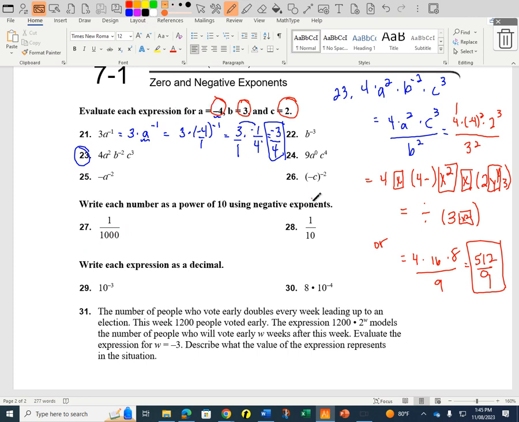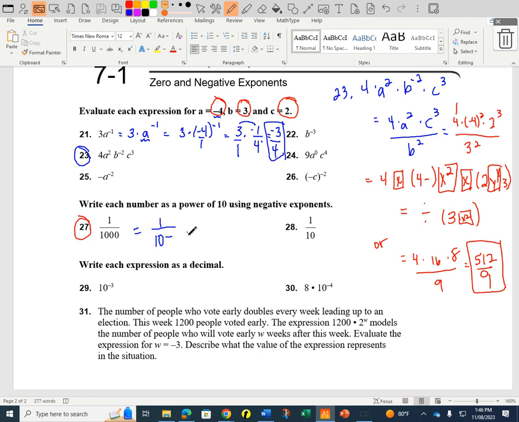Let's do number 27. Number 27 says that we need to write it as a power of 10. That means this number in the bottom is going to have an exponent. It's going to have a base of 10. So we're going to rewrite this as 1 over 10 to some power. Does anybody know how many times you multiply 10 by to get 1,000? Aiden says 3, and Aiden is right.